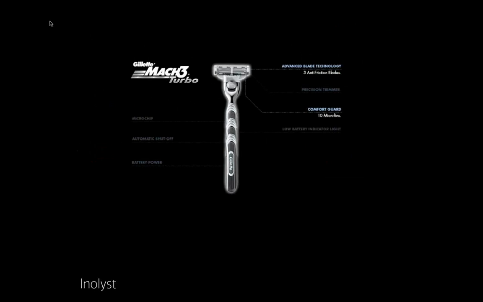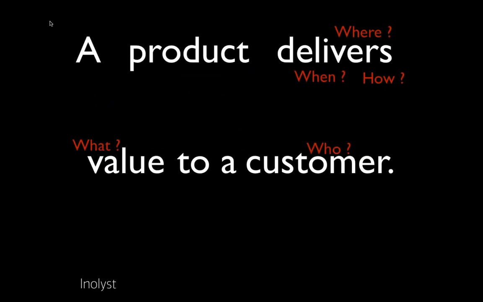If we were to analyze these questions with respect to Gillette Mach 3, what we realize is that Gillette Mach 3 delivers a smoother shave to a customer, men or women, depending on the type of product.